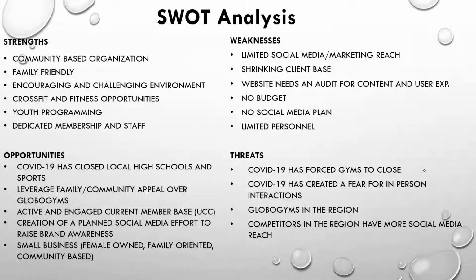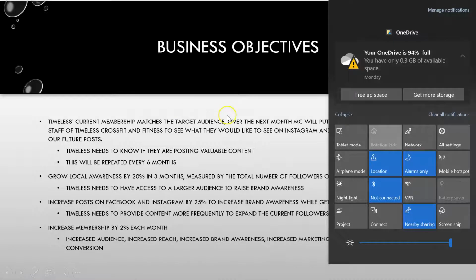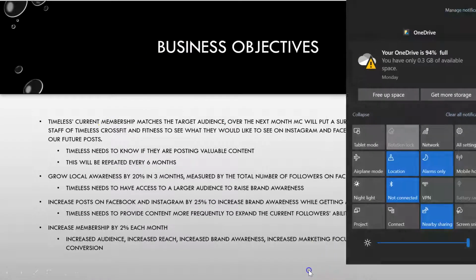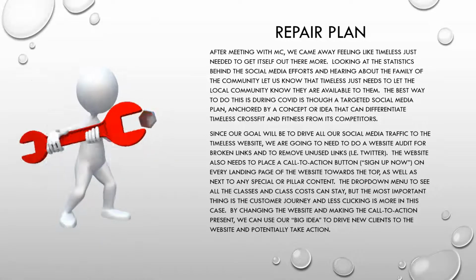There comes the SWOT analysis. Sorry. The SWOT analysis explained, and this does not want to leave us. There we go. Business objectives, insights gained, the repair plan, basically their big idea.